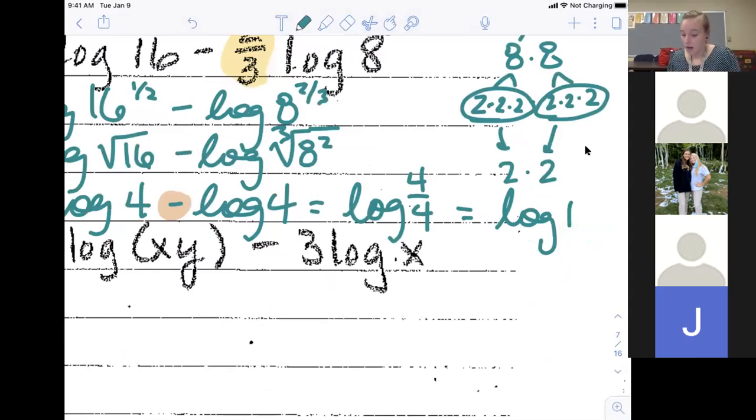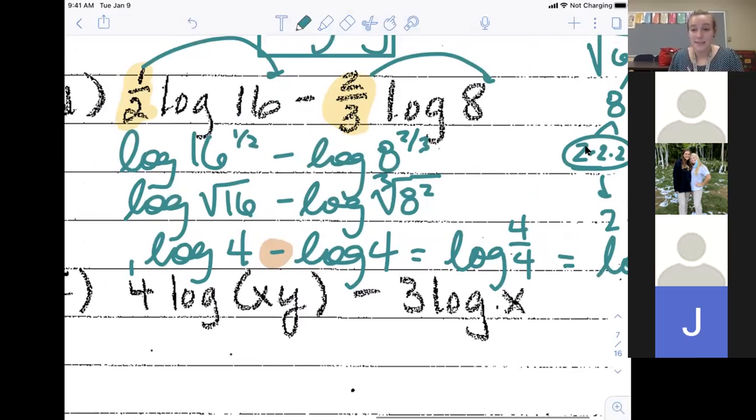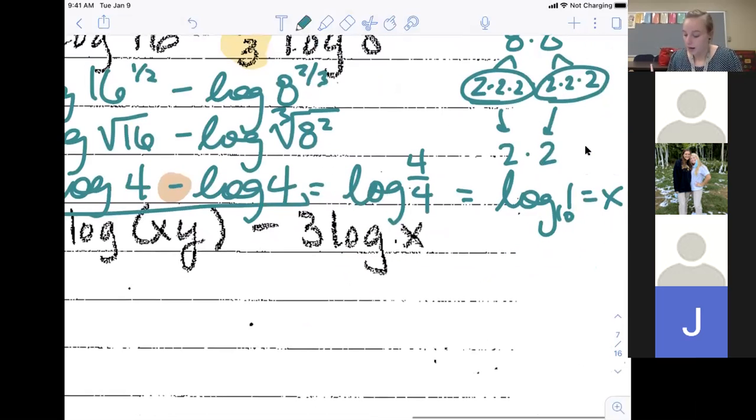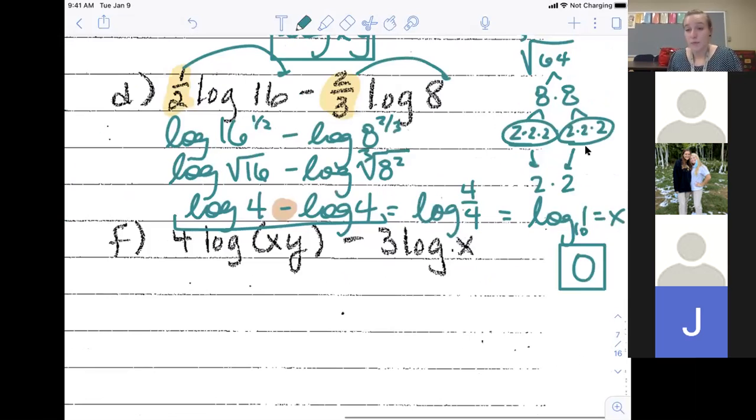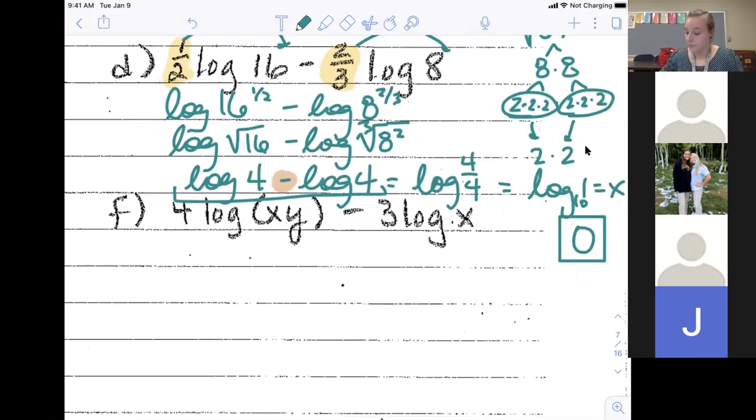If we had log of any number, like log base 10 of 1, that equals 0. You also could have seen it right here, because if I have a number minus itself, they should cancel out and I should go straight to 0. But I wanted to show you the process. Technically, my best answer is 0 right here. Log of 1 will always be 0.